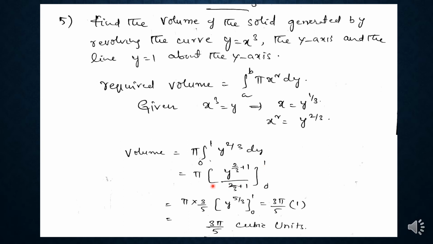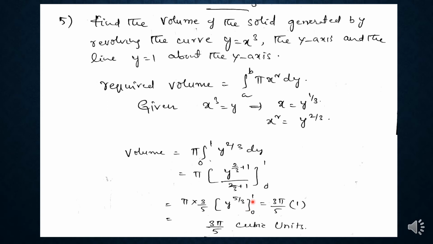That is pi into y to the power of 5 by 3 over 5 by 3, that is pi into 3 by 5 into y to the power of 5 by 3, from 0 to 1.